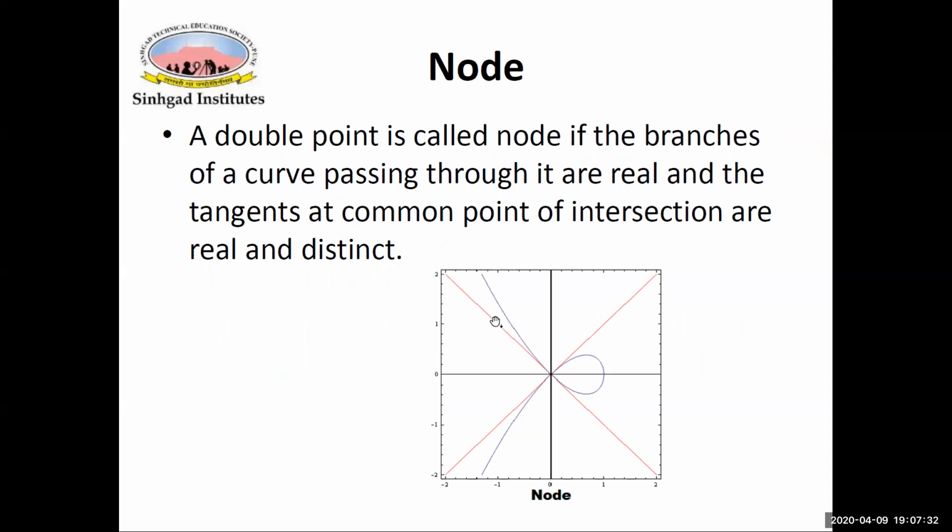When we find the tangents at this double point, the first tangent is the line y equal to x and the other tangent is the line y equal to minus x. This one point has 2 tangents which are real and different. So such a double point is called a node. That is, a double point having 2 distinct real tangents is nothing but a node.